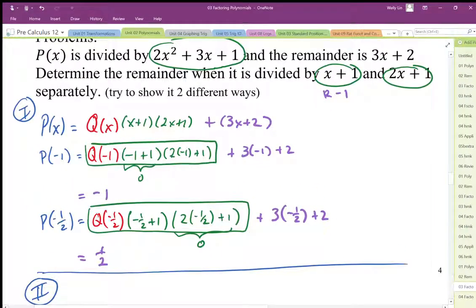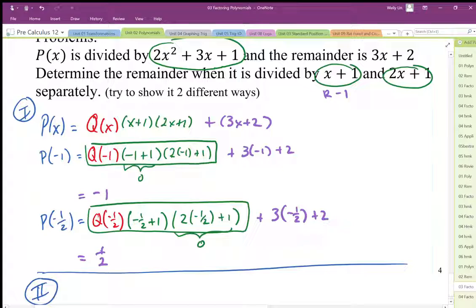If I divide this and I get this remainder, this means that everything on this side is evenly divisible by x plus 1 and 2x plus 1. That means that this here is not necessarily divisible by x plus 1 and 2x plus 1. In fact, it's not, otherwise it wouldn't be a remainder.